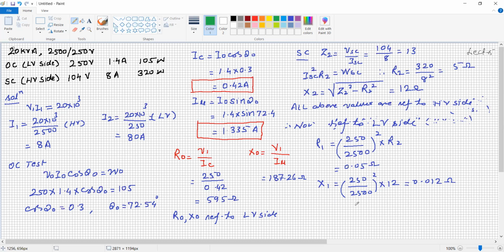These parameters X1, R1, R0, X0, all are ready. So we can draw the equivalent circuit.